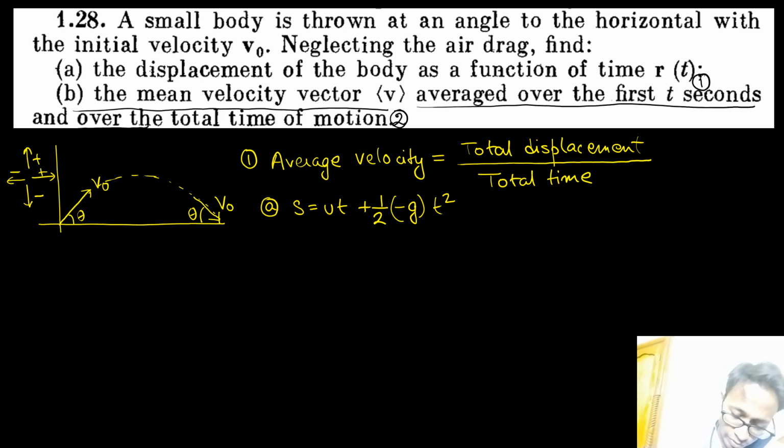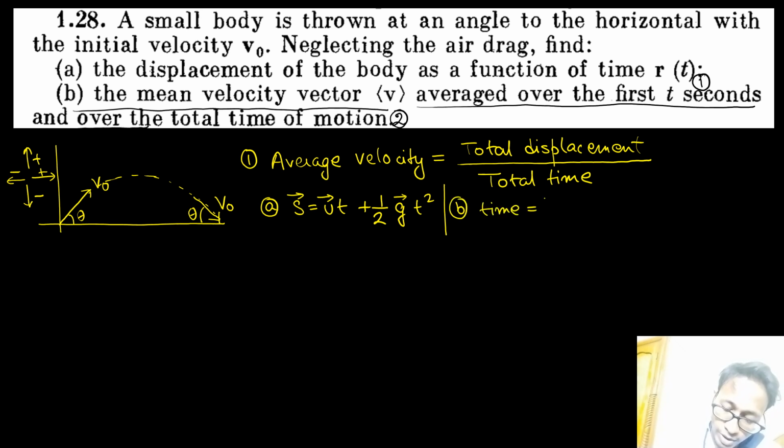Or instead, I'm taking the vectors of this equation; when you put the vectors, the sign automatically comes out negative. So total displacement is ut plus half g t square. What is the total time? Total time is equal to t.